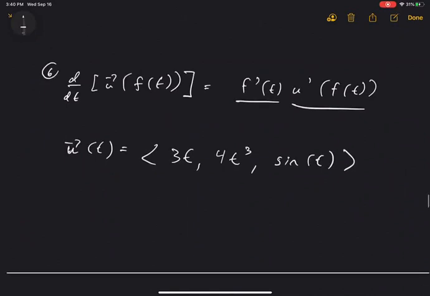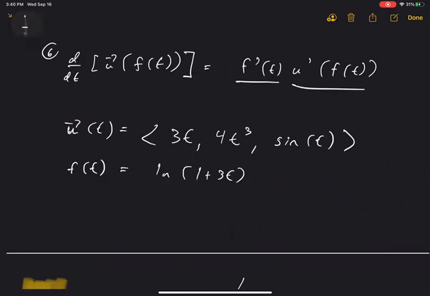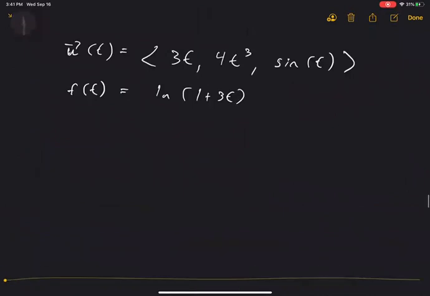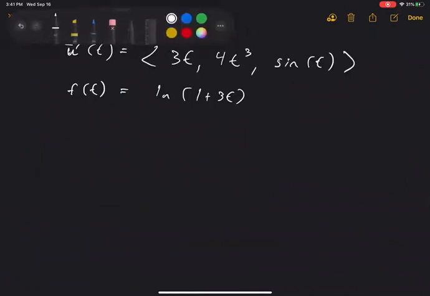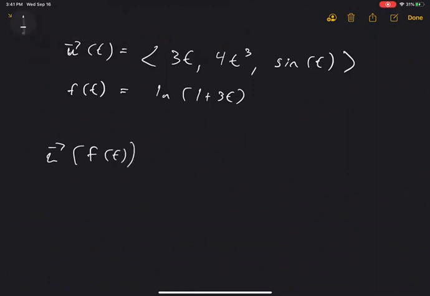And then let's say f of t is equal to ln of 1 plus 3t. First of all, you might be asking, what does u of f of t look like?